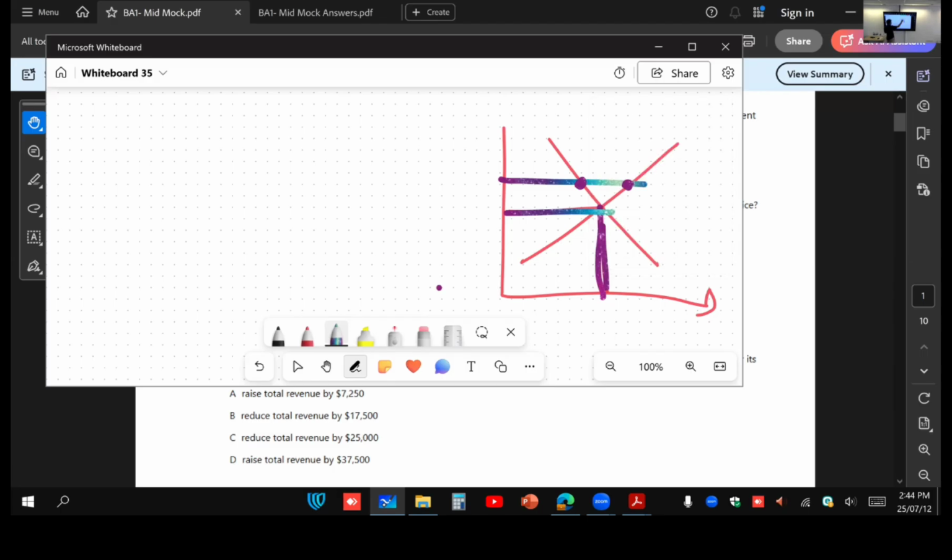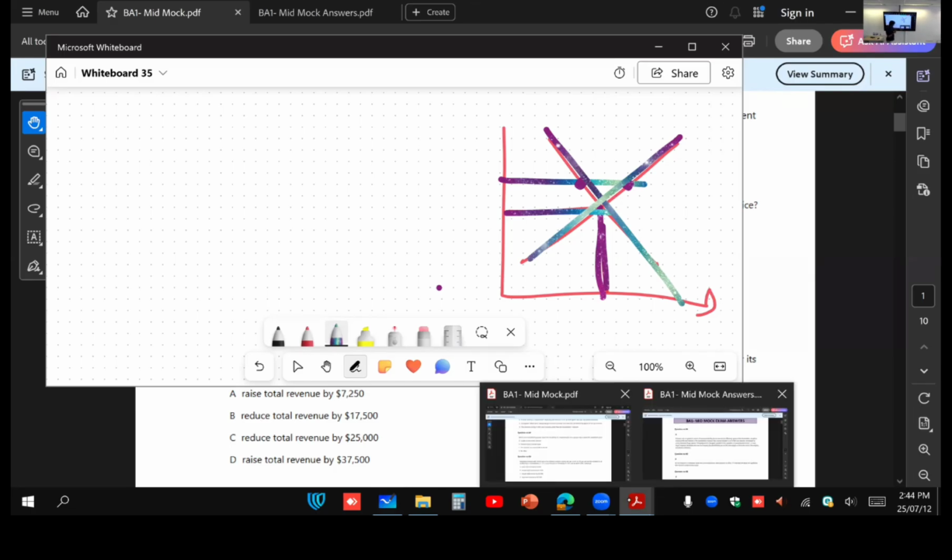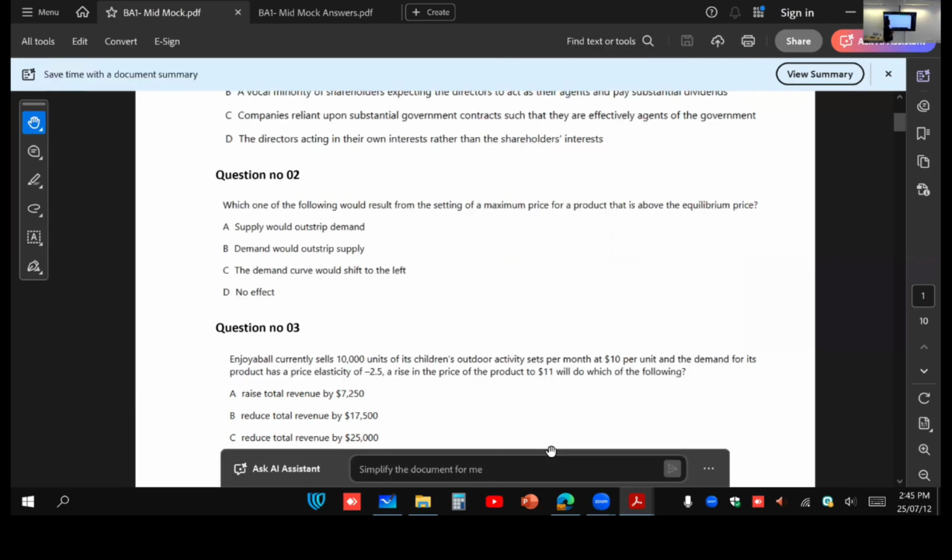So this is what curve? Right. So in that sense, they are asking which one of the following would result from the setting of maximum price. Supply would outstrip demand. Demand would outstrip supply. The demand curve would shift to the left. No effect.